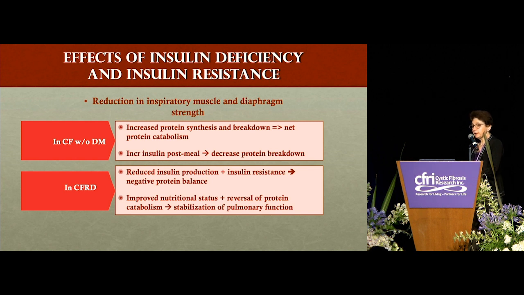The lung muscles, the expiratory and inspiratory muscles, also use glucose for energy, and insulin helps this glucose enter the cell. Reduction in inspiratory muscle and diaphragm strength, which is a muscle as well, has been shown in individuals with CFRD, because of insulin deficiency and the lower ability of glucose to enter the muscle cells.